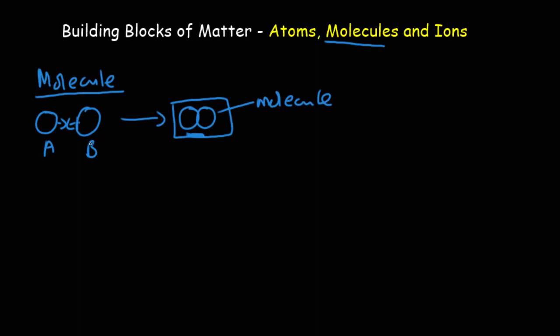Now, these two atoms can be either different, like what we have here, or they can be the same. So I can combine A and another A, and by means of a force of attraction, I get this.